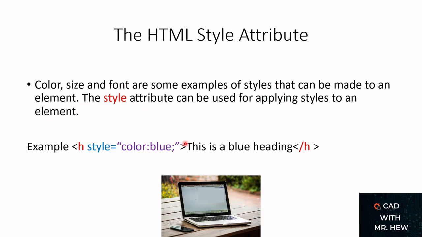In this example, the heading is "This is a blue heading", and then we have the closing tag, which we represent by a left angle bracket, slash, h1, right angle bracket.